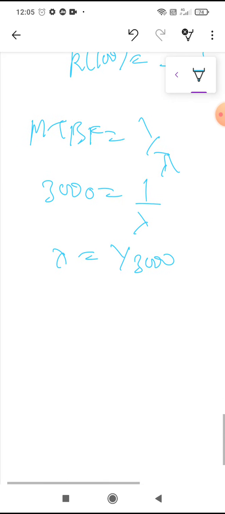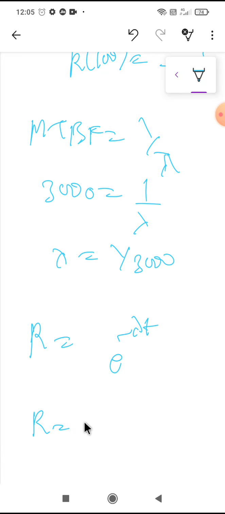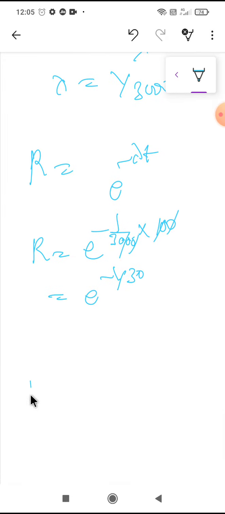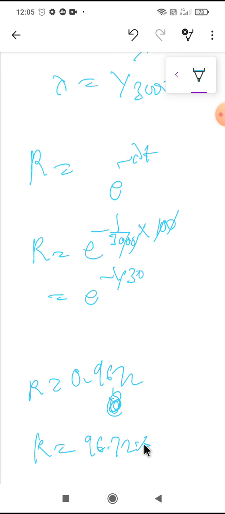Reliability is e raised to minus lambda t, so R is equal to e raised to minus 1 upon 3000 into 100. Cancelling zeros, it is e raised to minus 1 upon 30. If we solve this, the answer will be 0.9672, which is 96.72 percent. So this is a simple example.